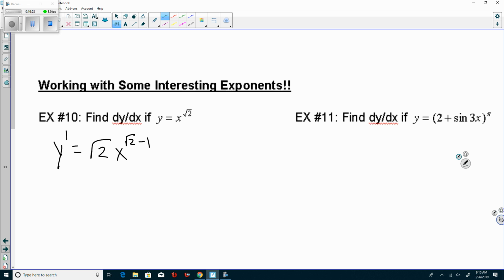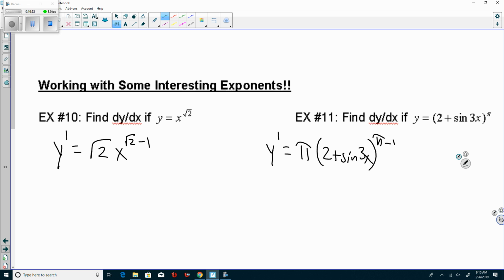Now, it works the same way with a chain rule. So, chain rule, pi comes down, 2 plus sine 3x. What would the power of that be? What's the power going to be? By your rule.